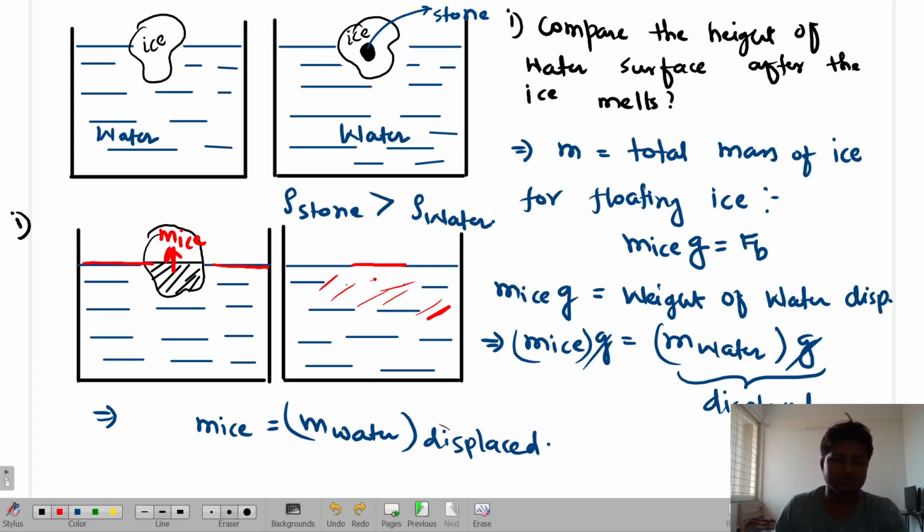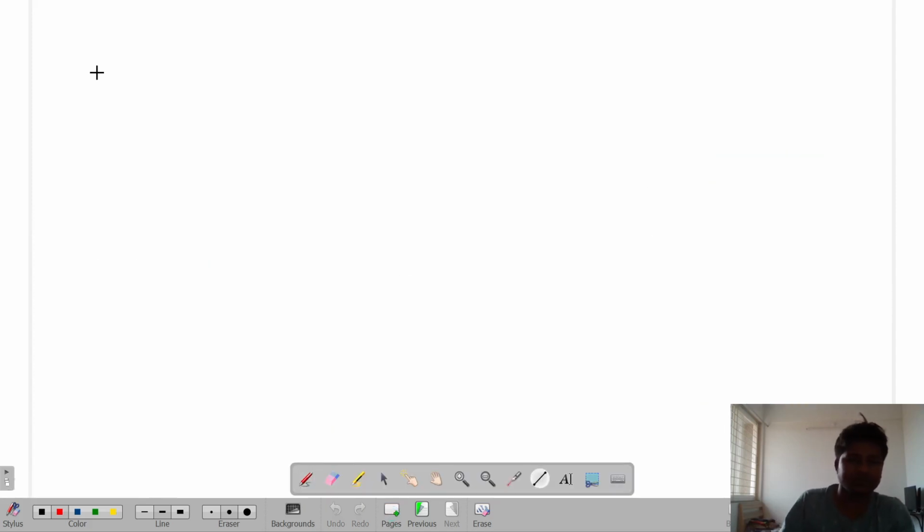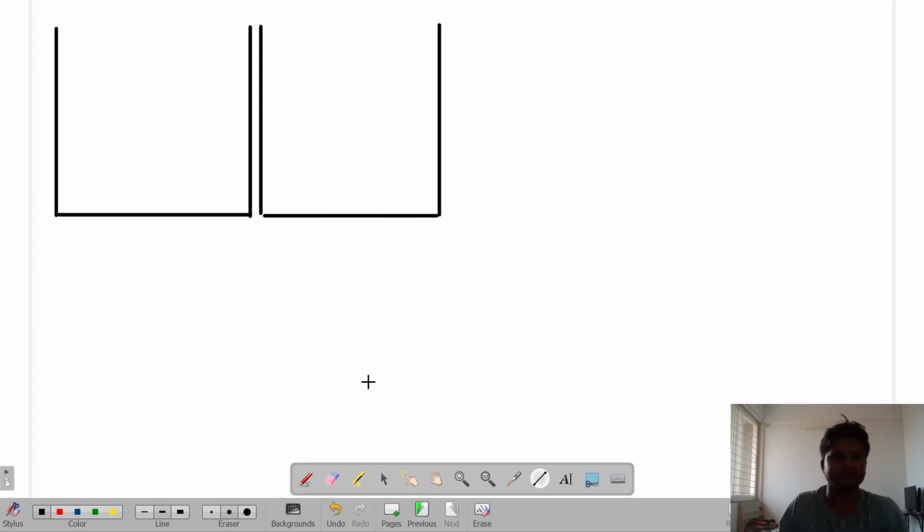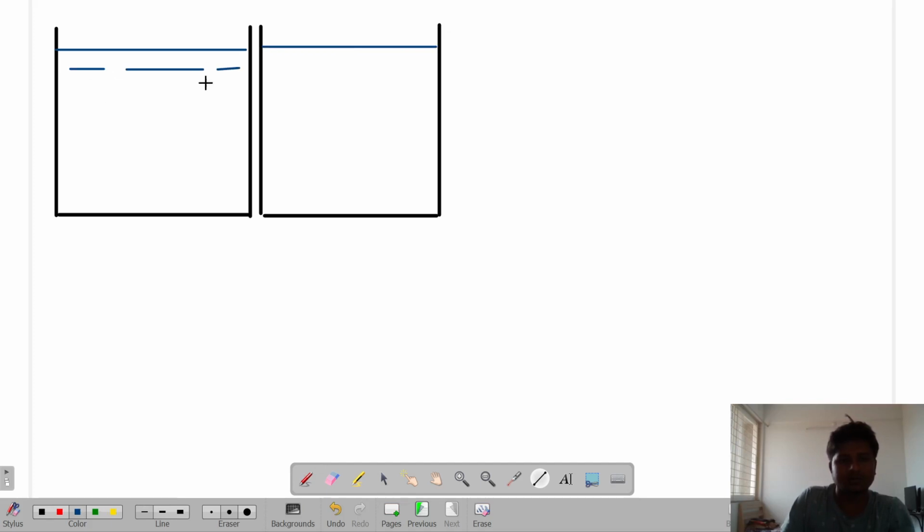Case 2. If it has a stone, what will happen? Tell me. Think. Then what will I get as equation?